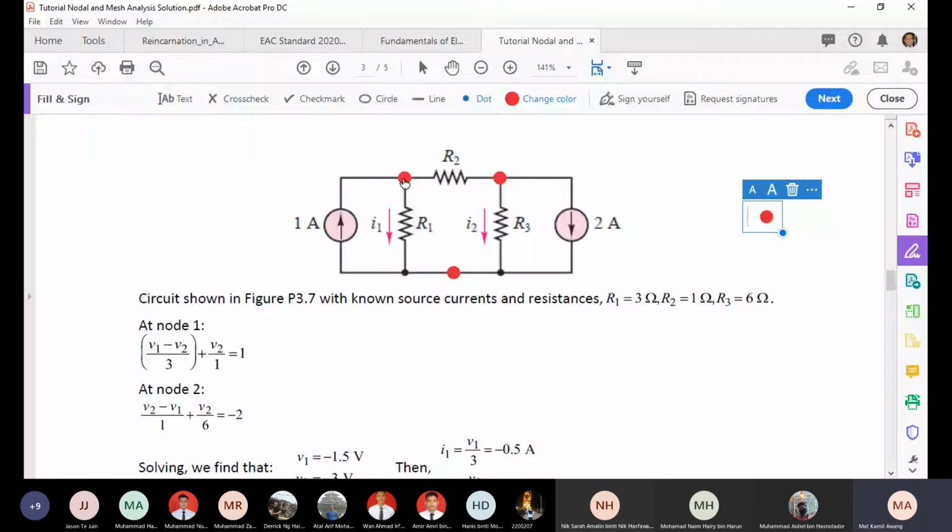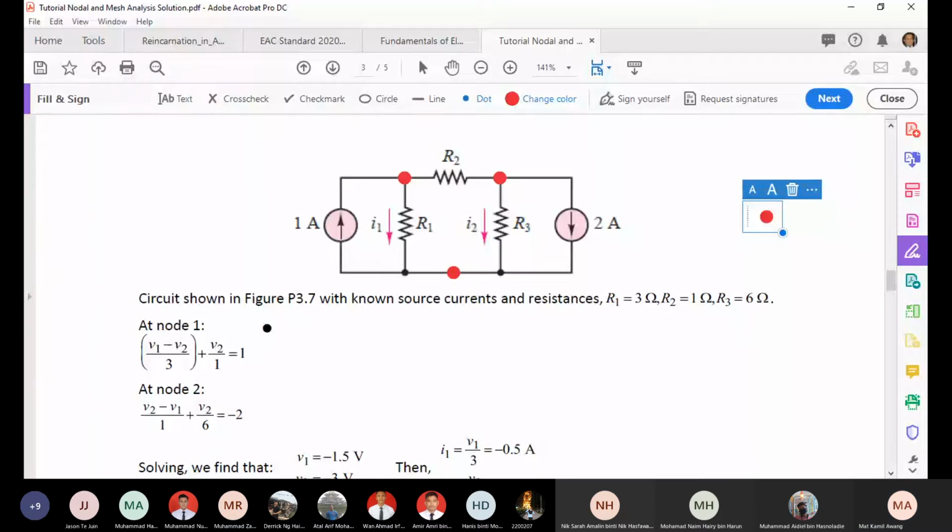So at node 1, you have I1 going out, 1 amp going in, and we assume the current flows from node 1 to node 2 through R2. So you can write V1 minus V2 divided by R2.